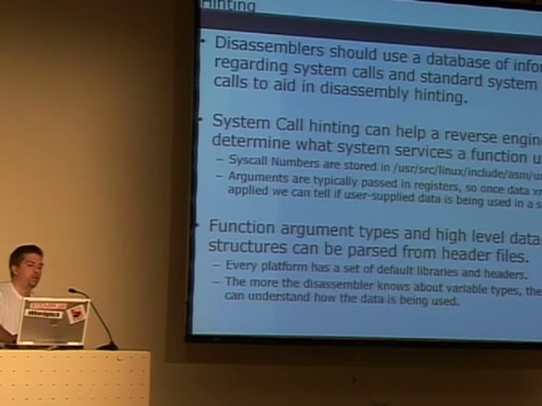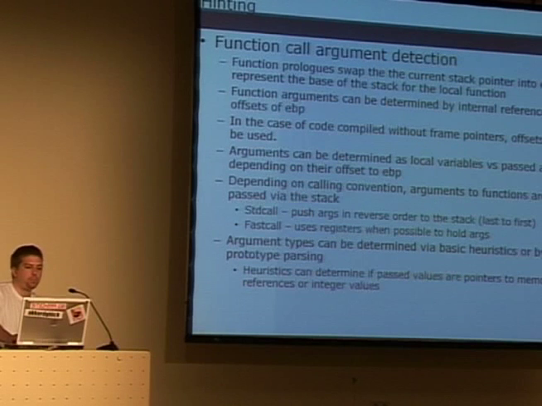And then again, the parsing of default library header files and possible open source shared library include files as well. And then you can even go as far as doing something like heuristic function call argument detection. I did this in dltrace, which was a bit of a hack, but it was a dynamic shared library call tracer, and it basically analyzed a program in this method to essentially determine at which offsets within a function it was referencing argument values that were passed and local variables that were passed.